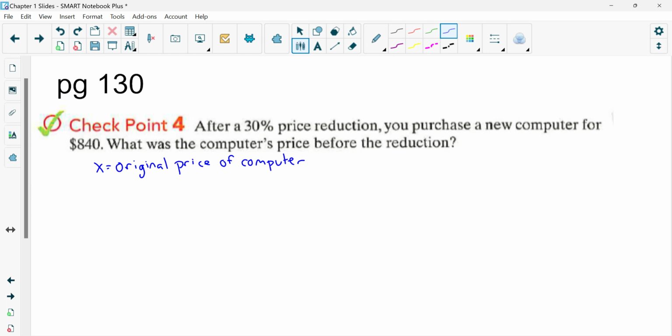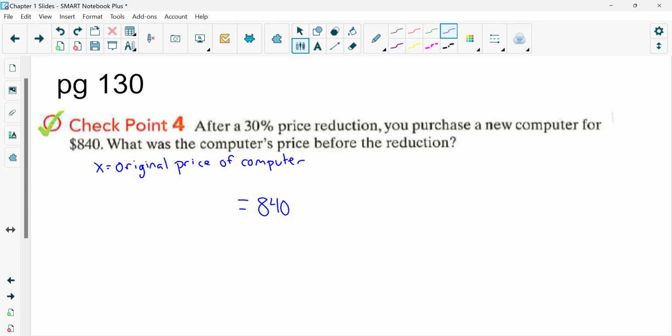Now we have to write an equation. It says after a 30% reduction, you purchase a new computer for $840. So we know how much that computer costs, $840. So I can write equals 840. There's a couple of ways we could write this.